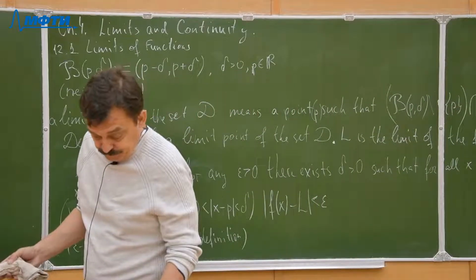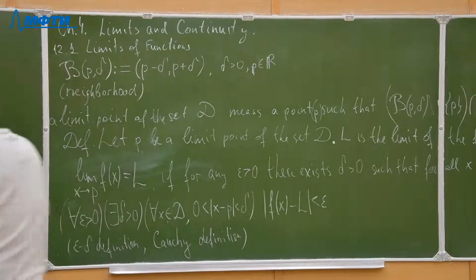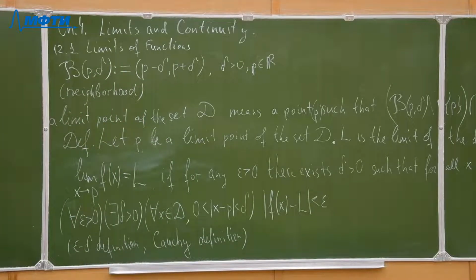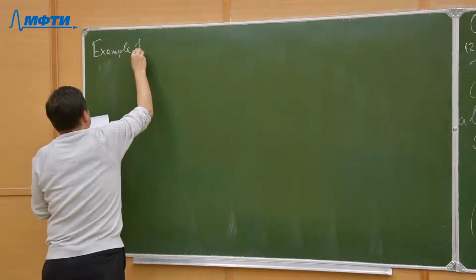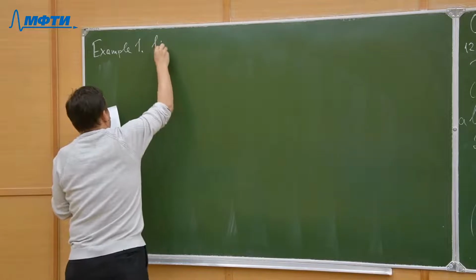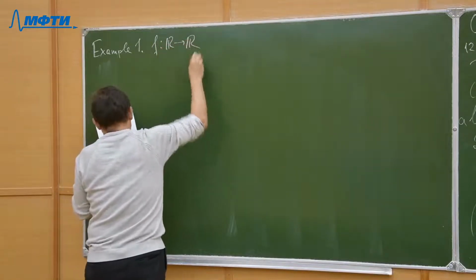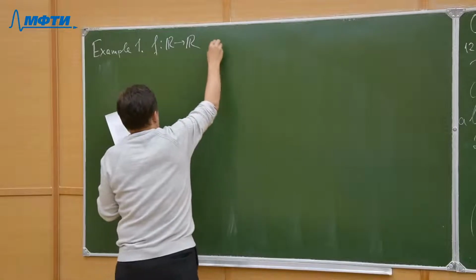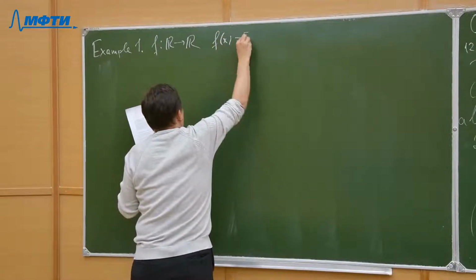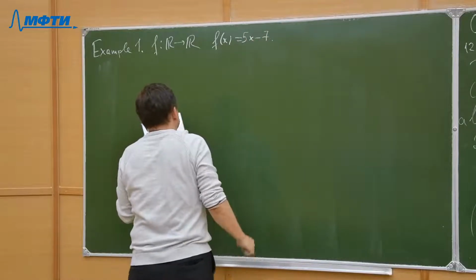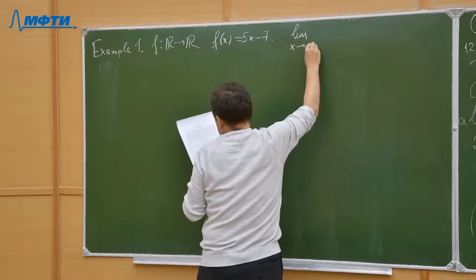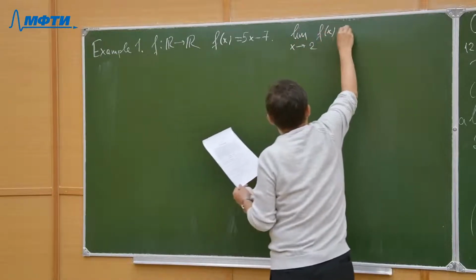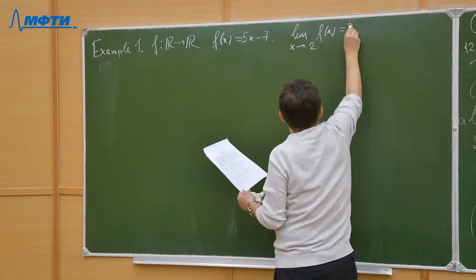So, example 1. f from R to R is given by f of x equals 5x minus 7. We want to prove that the limit is equal to 3.